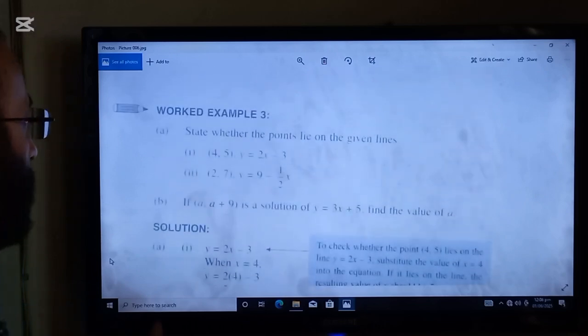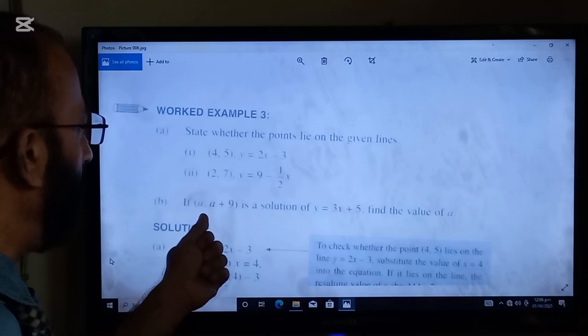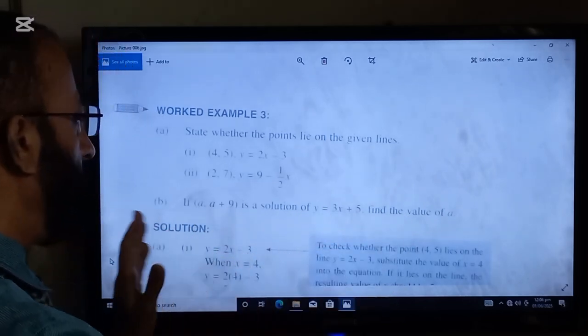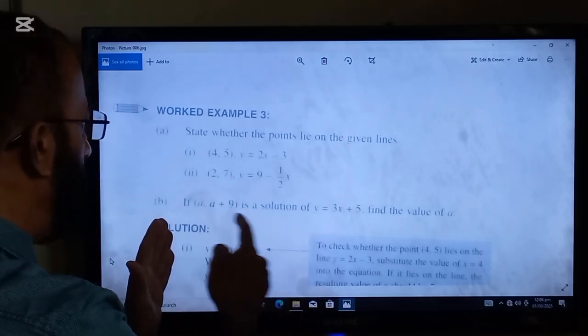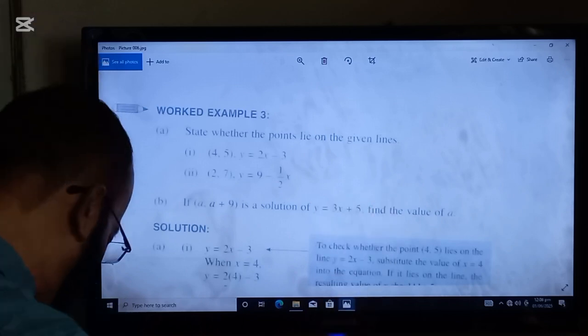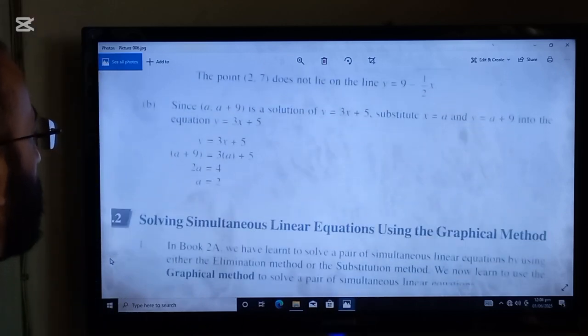And the third part is, a point is given in which some unknown values are there, and it is a solution of this, find the value of a. So the method is simple. Put the x coordinate in place of x and the y coordinate in place of y, solve the equation, and you will get the answer like this.